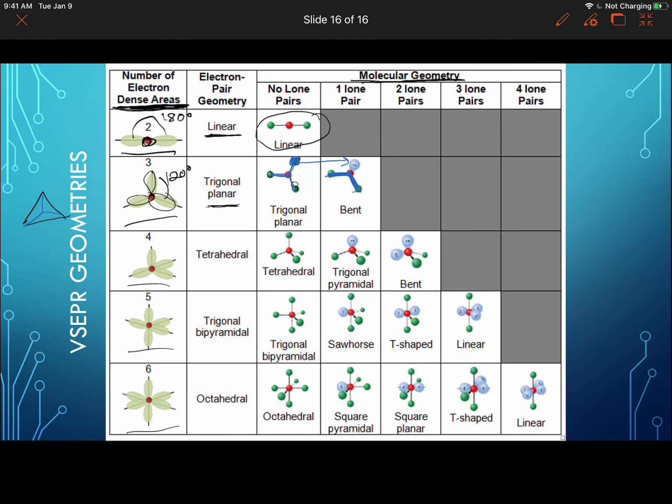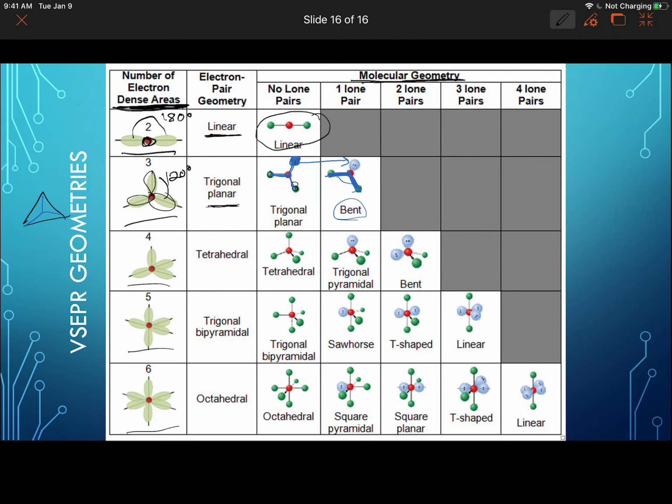If we look just at our atoms, when we replace one of those with an electron pair, we get a bent geometry. So if we have a trigonal planar electron geometry and one of the electron domains is a lone pair, we call that a bent molecular geometry.